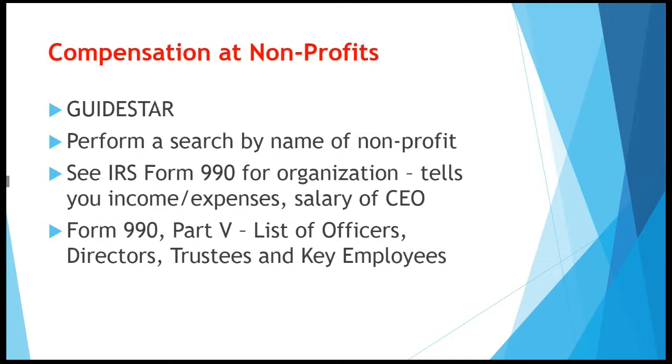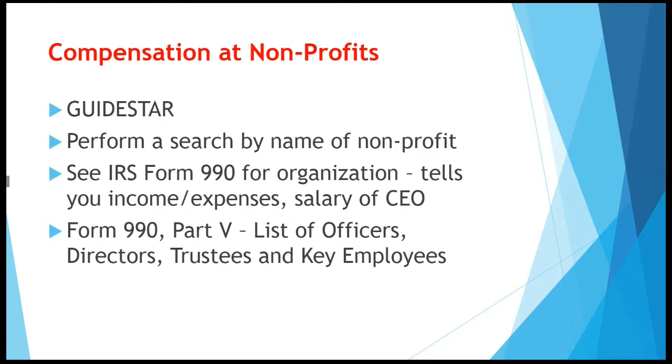Now, what about not-for-profits? How are you going to find out about not-for-profit organizations, associations, charities? Two places you can look. One is called GuideStar, and the other is called Charity Navigator. You will get basic information about the income, the revenue, the expenses.